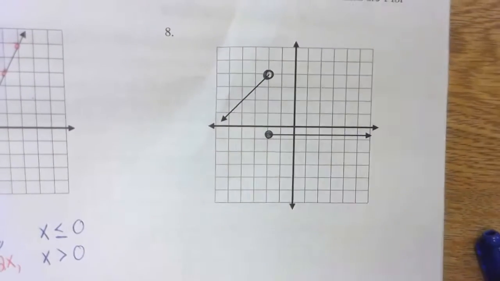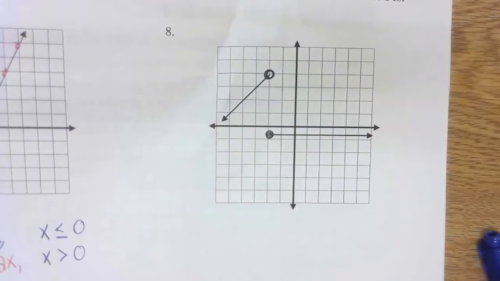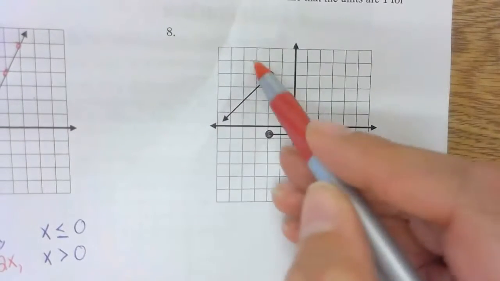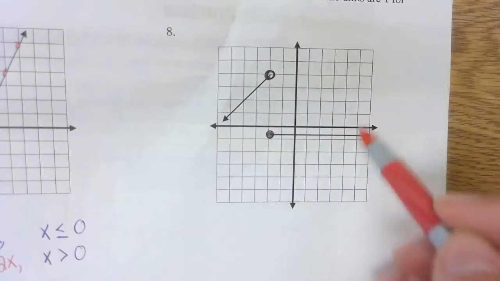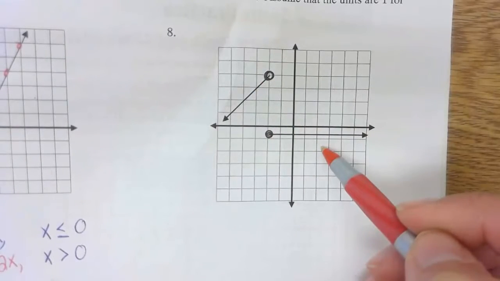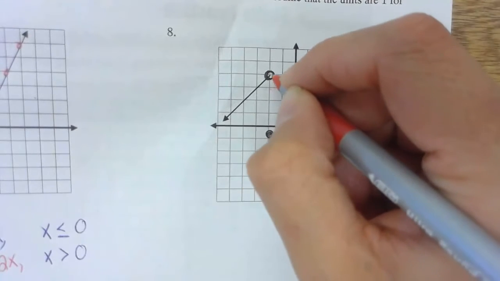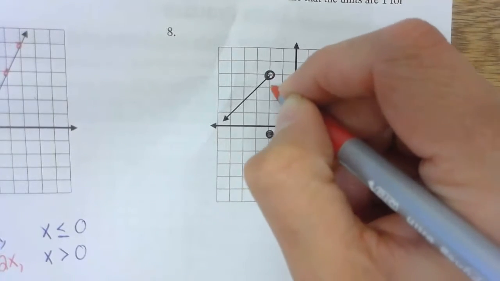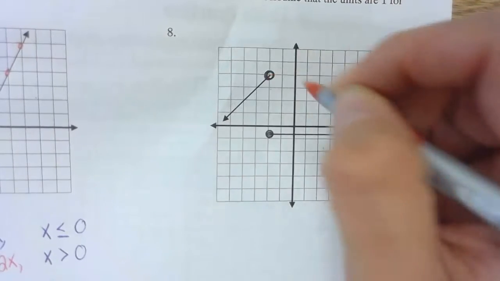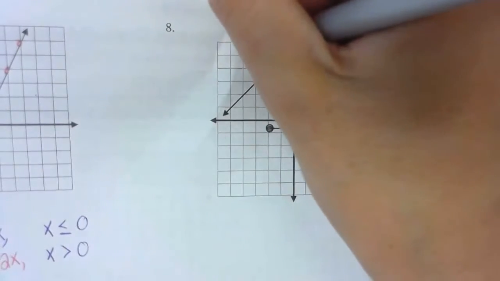Okay, and then similarly in number 8, we have two functions. We have our left and our right function. So here, this graph goes through the point at negative 2, 4.